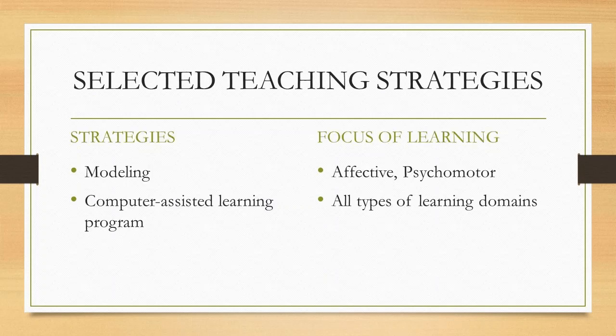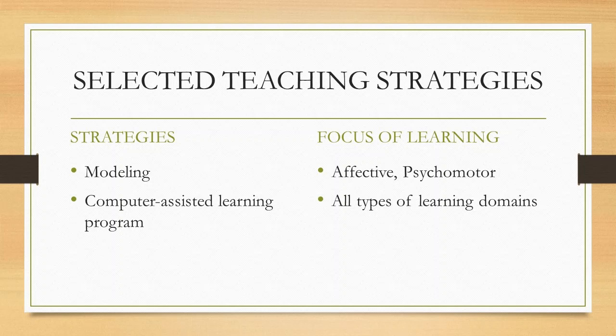Okay, so the next strategy is modeling. Here, the learning focus is affective and psychomotor. In this strategy, the nurse sets an example by attitude and psychomotor skills. Now, this is an example of demonstration and return demonstration.